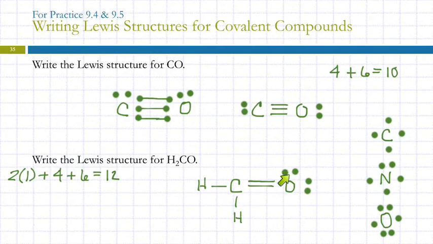If we took this pair of electrons and made a triple bond, the oxygen would be fine. Let's actually just do that. The oxygen still has 8, but now how many does the carbon have? It has 10. And carbon can't have 10 electrons.